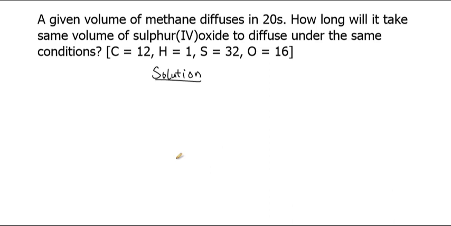Now let's continue. For diffusion of gases, the law applicable is Graham's law of diffusion, which states that the rate of diffusion of a gas is inversely proportional to the square root of its density.